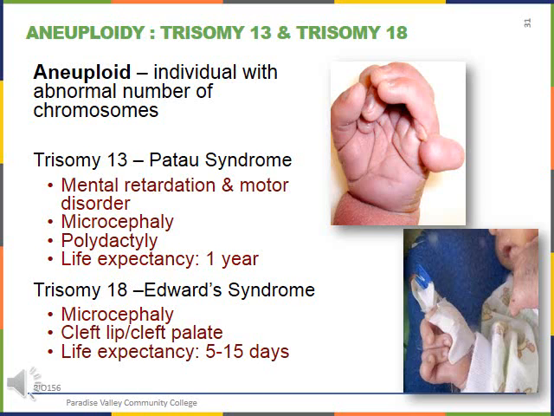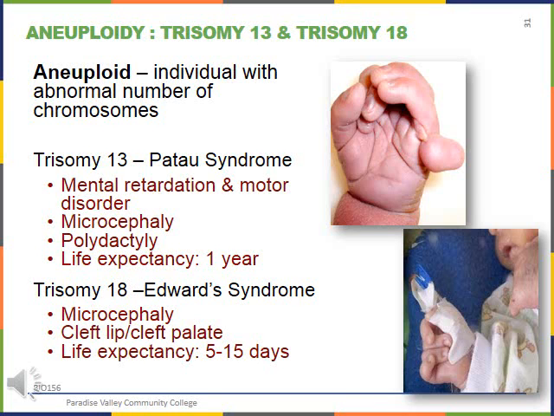In these cases, trisomy 13 and trisomy 18, this means that chromosome number 13 and chromosome number 18 have 3 chromosomes. Instead of the pair of chromosomes, they have 3 chromosomes. They have an extra one. So trisomy 13 is also called Patau syndrome, and has this unfortunate extra fingers, extra appendages that are growing out of this baby's hand.